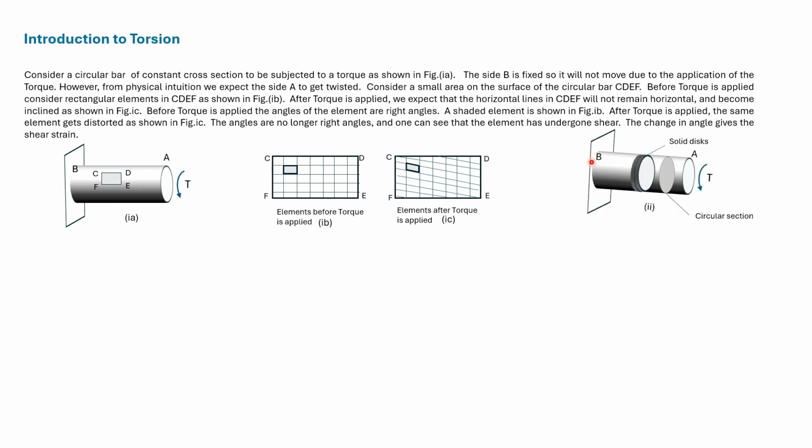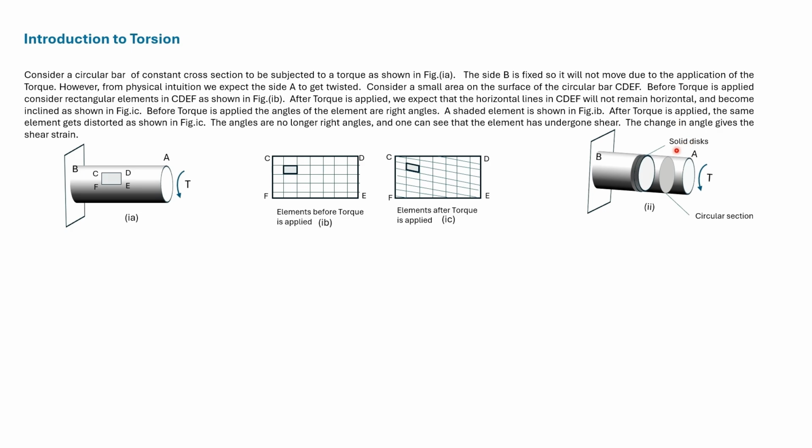In this diagram, the same circular bar is shown and a torque is applied. And we have shown a circular section, that is a plane section. Based on heuristic arguments, we will show that this plane section remains plane after the torque is applied.